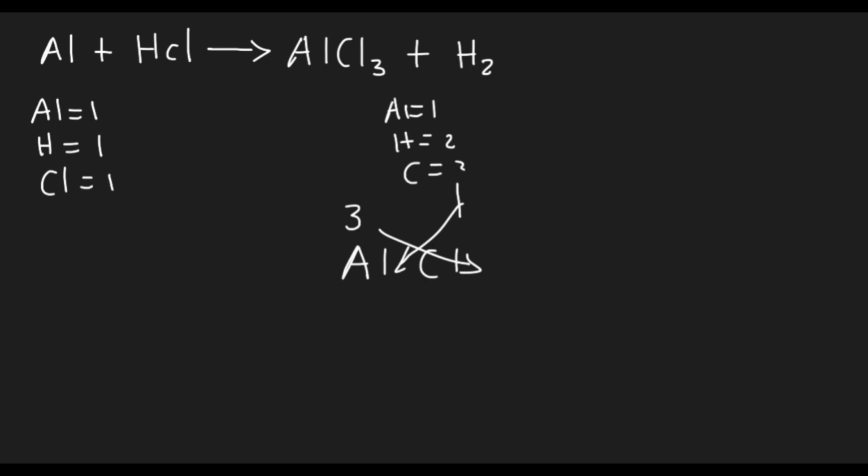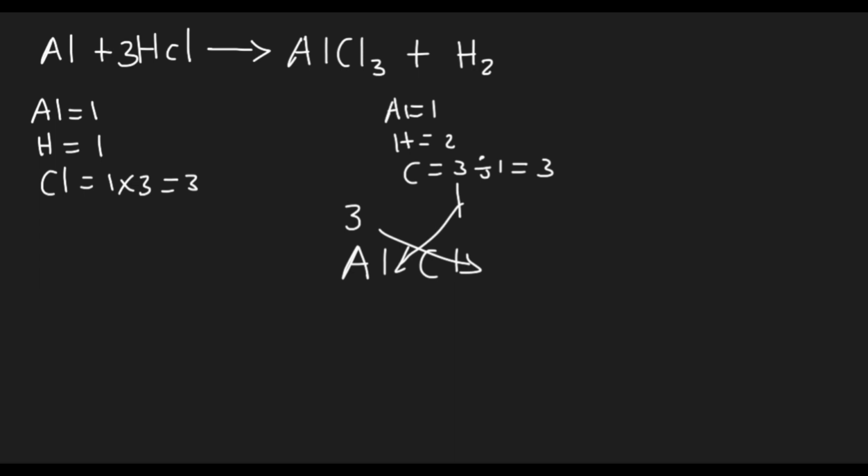Here, there is 3. Now for this one, we are going to first balance the chloride, which is the chlorine. So what do you do? We need to divide this by 1. So this will give us 3. So we need a 3 in front of HCl.